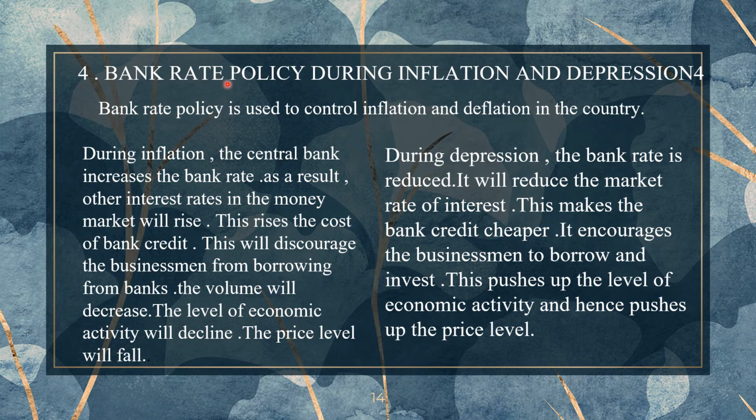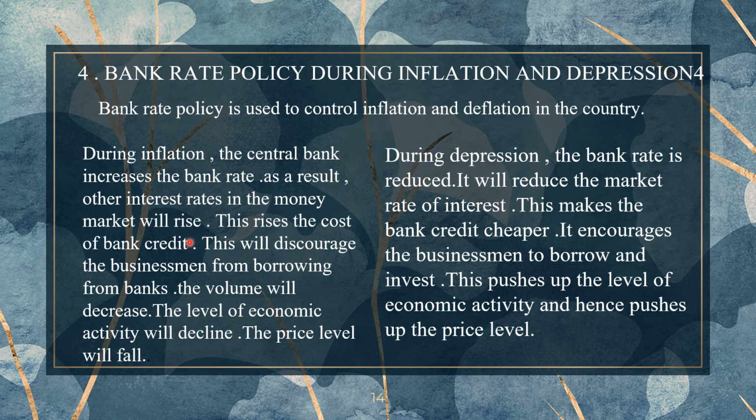Next point, bank rate policy during inflation and depression. Bank rate policy is used to control inflation and deflation in the country. During inflation, the central bank increases the bank rate. When inflation is prevalent in your country, the central bank will raise the bank rate. As a result, other interest rates in the money market will also rise. This is what I have been repeating in the previous slides.